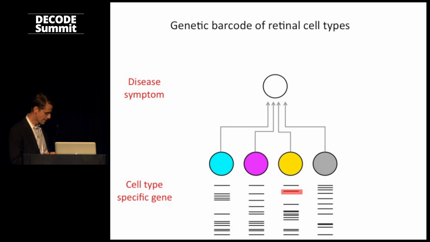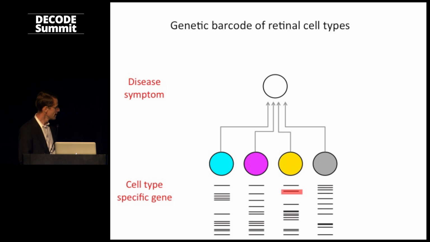So the key point is that these different cell types drawn so beautifully by Cajal are not only different by morphology, but each has a unique gene expression pattern. Of course, it's common knowledge that we have this all over the brain, but the retina is a special case in that these gene expressions are really unique for these different morphologies.